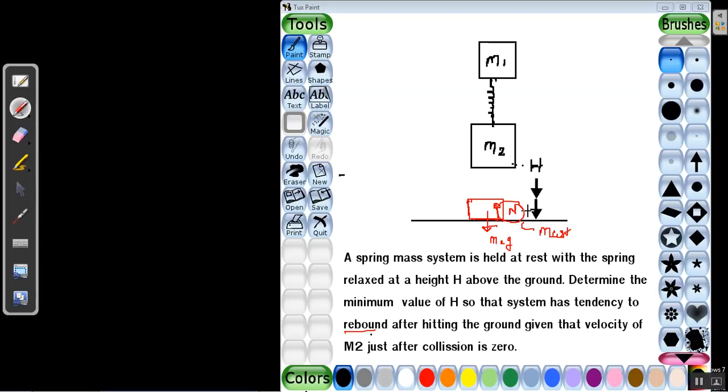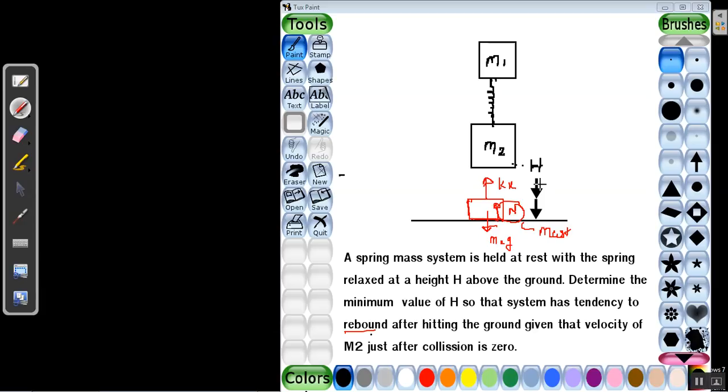In that case N should be 0. To rebound there must be a force in this direction. So the question is, who is applying this force? It is the spring. Let's suppose this force is kx.